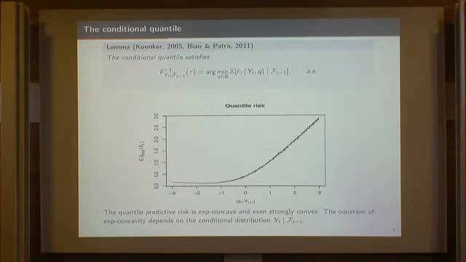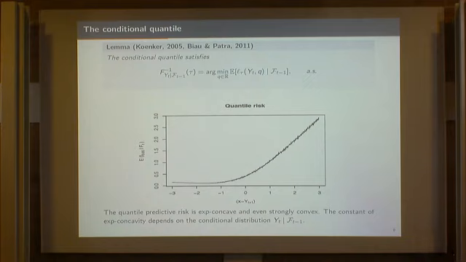However, if you think about the use of the quantile loss, you use the quantile loss because it satisfies this. If you look at the conditional expectation of the quantile loss given the past, and you minimize in the second variable the quantile loss, then you obtain, of course, a conditional quantile.